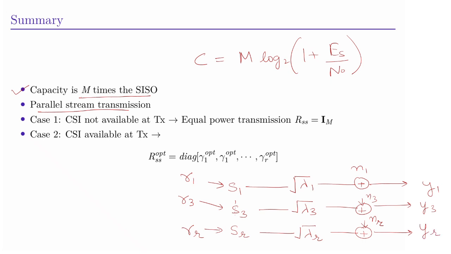So we have parallel stream transmission. No other symbol is influencing a current symbol.